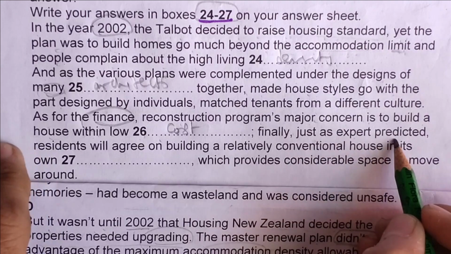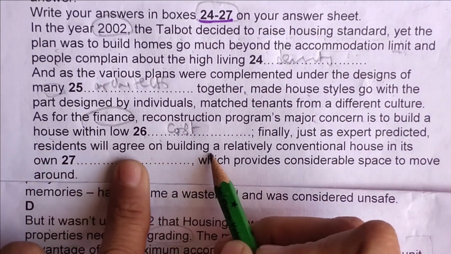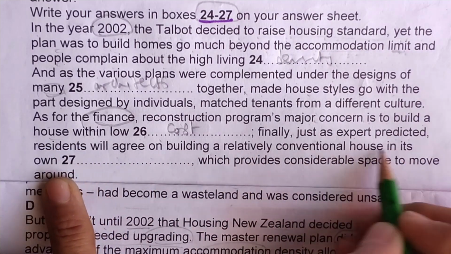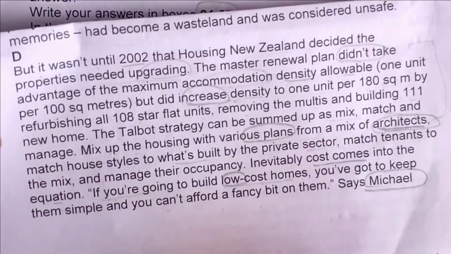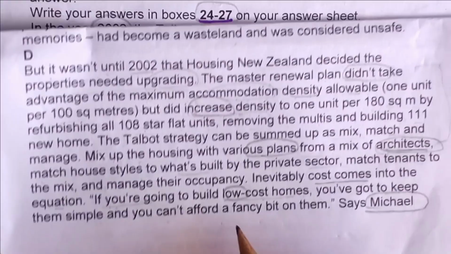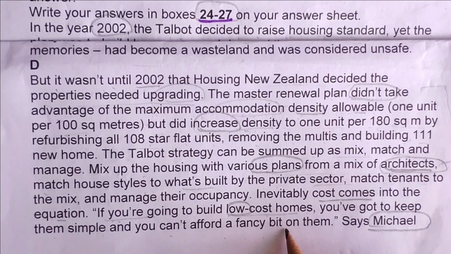Cost comes into the equation. Finally, just as experts predicted, residents will agree on building a relatively conventional house in its own garden, which provides considerable space to move. Let's move on to the next page.